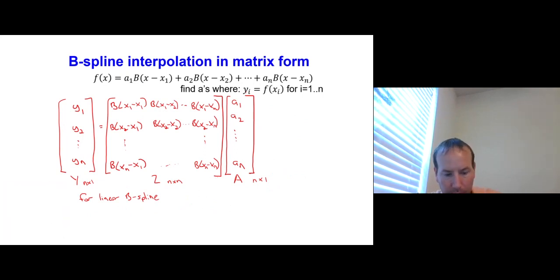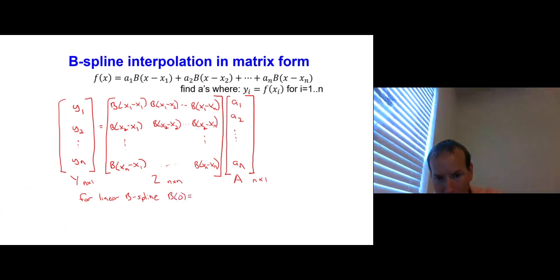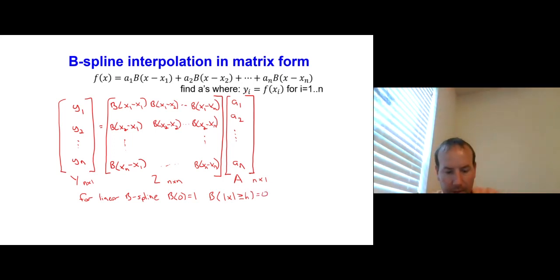And so for these, B(0) equals 1, and also B(x) for x greater than h equals 0. This is just saying that the width of the B-spline is no more than h, as we saw.